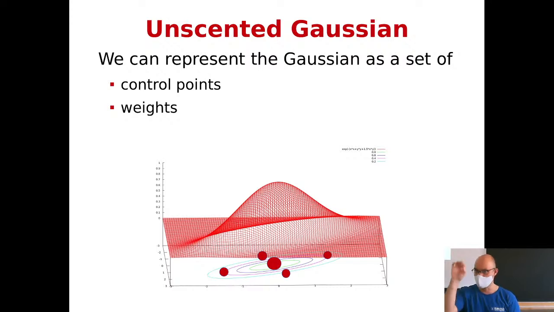So if I have a three-dimensional Gaussian, I will have a certain number of these control points, which are selected deterministically into the sample space, and their position will influence clearly the shape of the Gaussian itself, because if I shift all these samples to the left, then this will result in shifting the mean to the left, or similar operations.